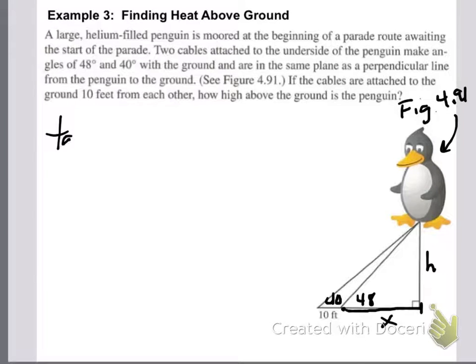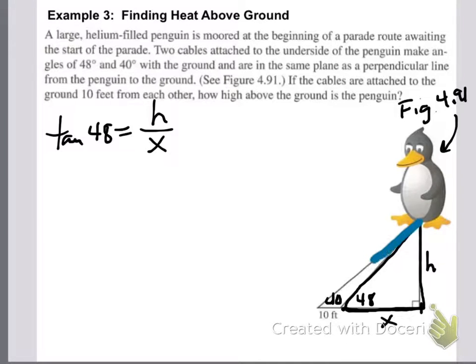So I have tangent 48 equals opposite over adjacent. Now you might say, well, how am I supposed to solve that? There's two variables there. I understand. Now let's look at the big 40. So we did this triangle first, that's where we got that first equation.